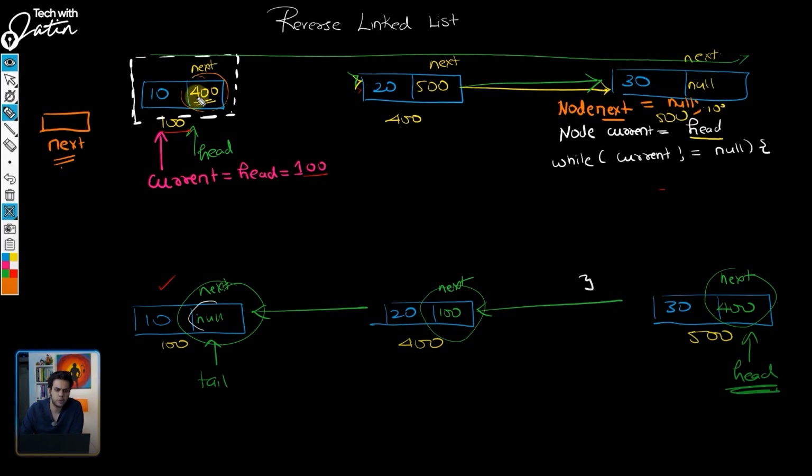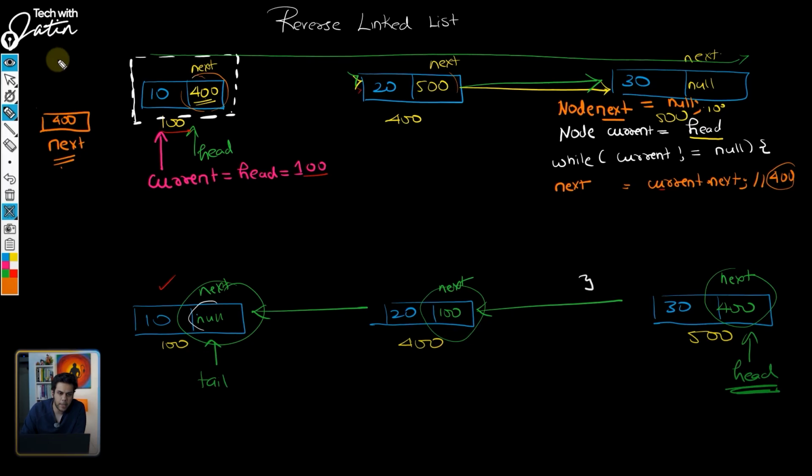So somewhere down the lane, it is going to store 400, then 500, then null, maybe whatever. I want to access the current next variable. So I'm going to say current dot next. That is going to give me the value 400. This 400 value, I will store it inside the next variable. Can I do that? Yes.